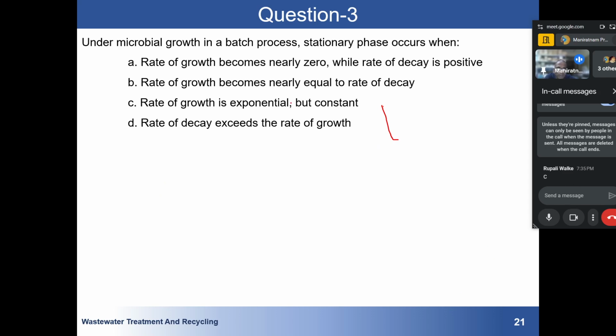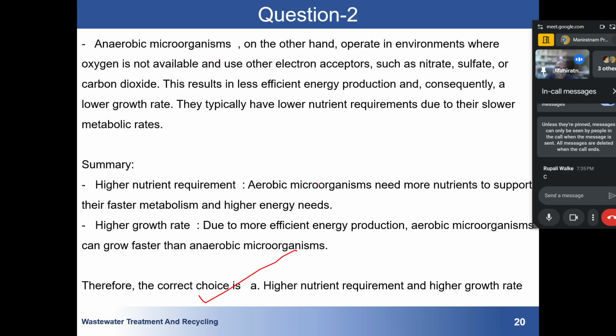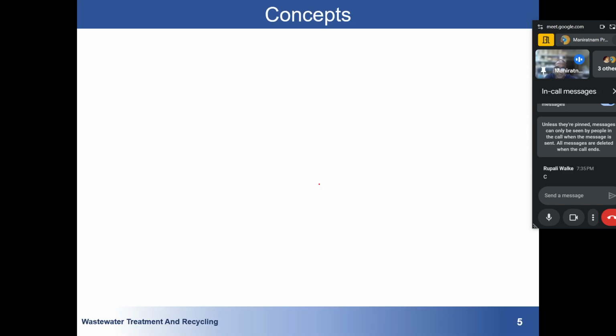Rupali, do you have any idea of this microbial growth process? Okay, just for your convenience, I will repeat it once.